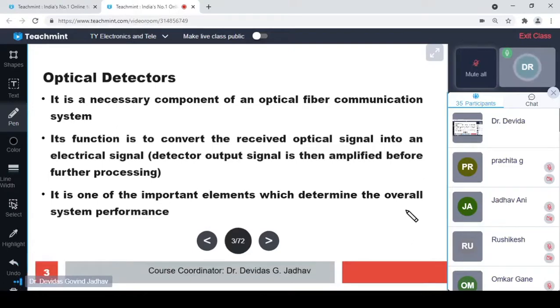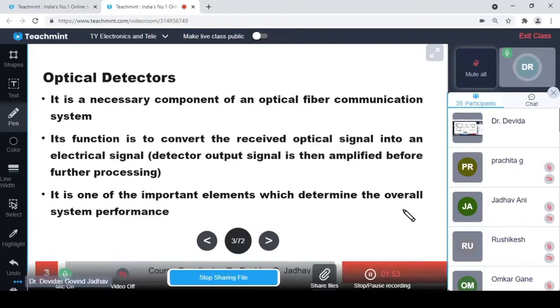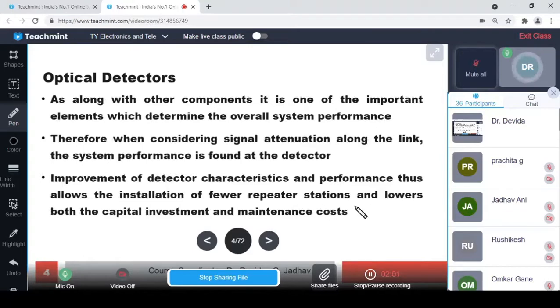The optical detector is an important component like the other components, and it decides the overall system performance. Signal attenuation is measured in the link at the detector, and if the detector is improved, the number of repeater stations installed becomes fewer, and the capital investment and maintenance cost also reduce.